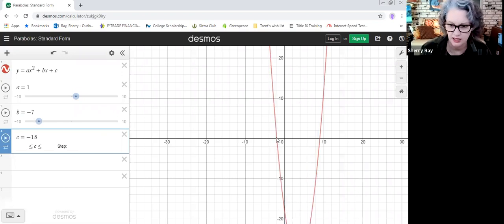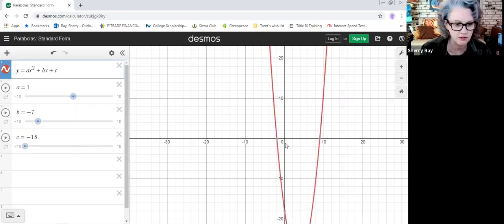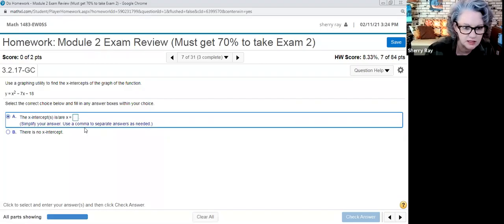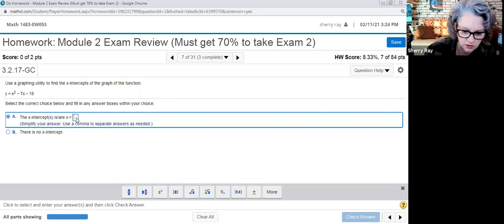And here are my x-intercepts, negative 2 and 9. X squared minus 7x minus 18, negative 2 and positive 9. I guess it doesn't want us to type this in as ordered pairs.